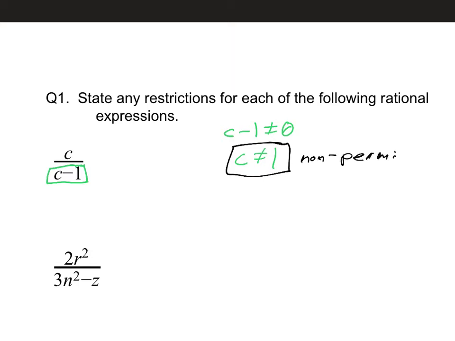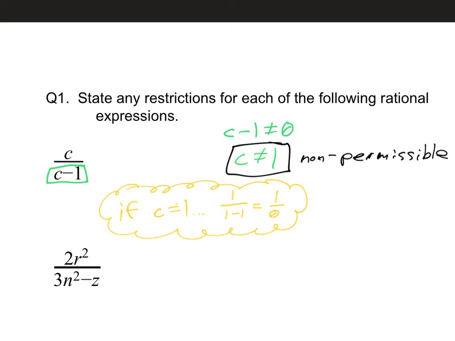So we're not allowed to have a c value equal to 1, because if we did, what would that do to this expression? If c was equal to 1, then our expression would be 1 over 1 minus 1, which is equal to 1 divided by 0, and division by 0 is undefined.